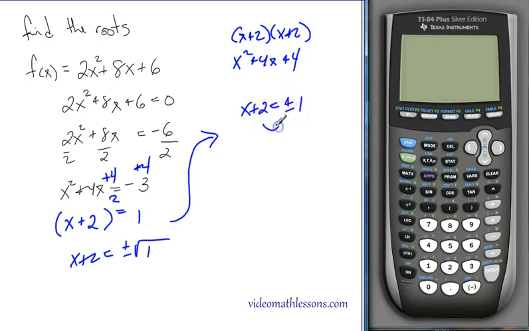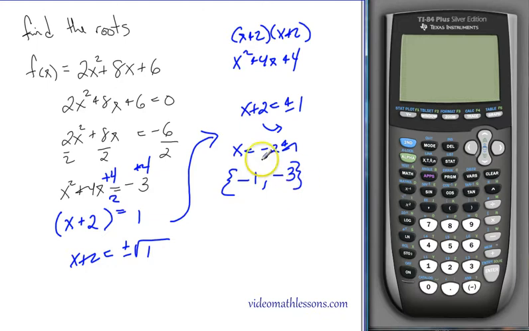Move the 2 over. So x equals negative 2 plus or minus 1. Since I can do this, I'm going to rip it apart. Negative 2 plus 1 is negative 1. Negative 2 minus 1 is negative 3. So if they say find the roots, you could easily do it this way.